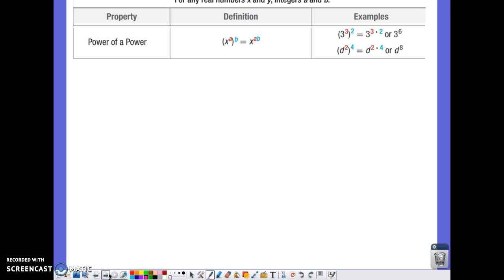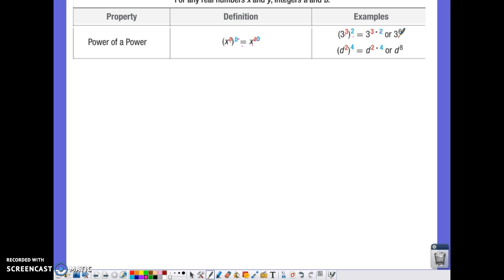The power of a power rule. If x to the power a also has the power of b, this is simply saying it's x to the power a times b. For example, 3 cubed all squared is equal to 3 to the power 3 times 2, or simply 3 to the power 6.